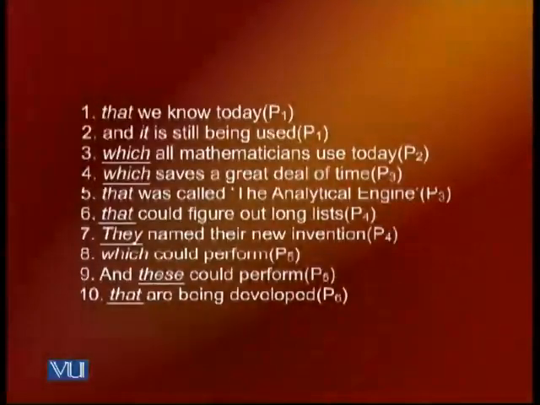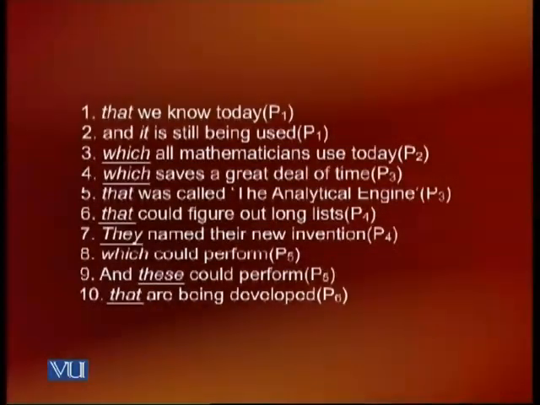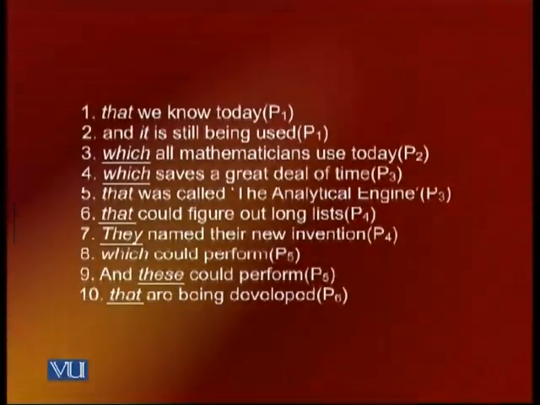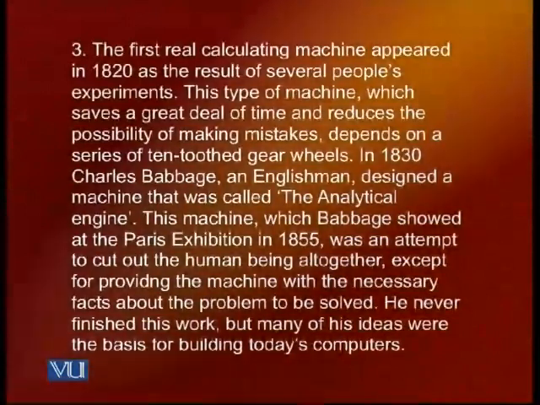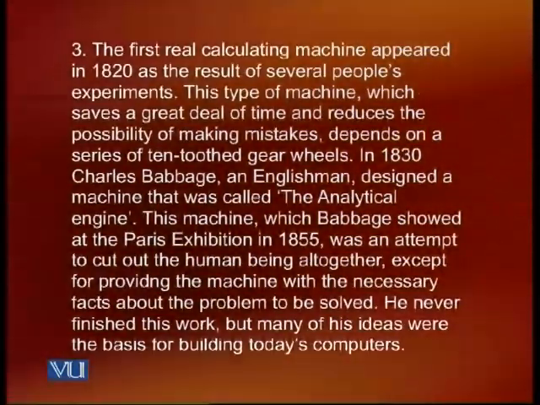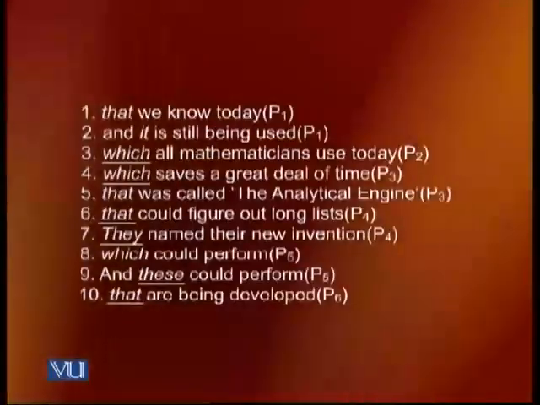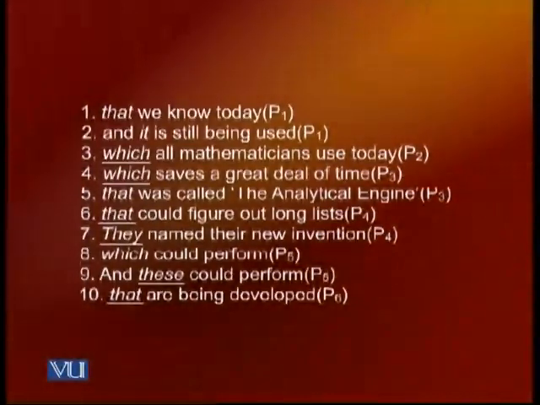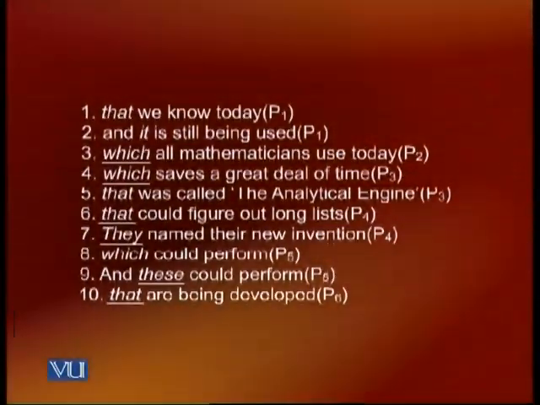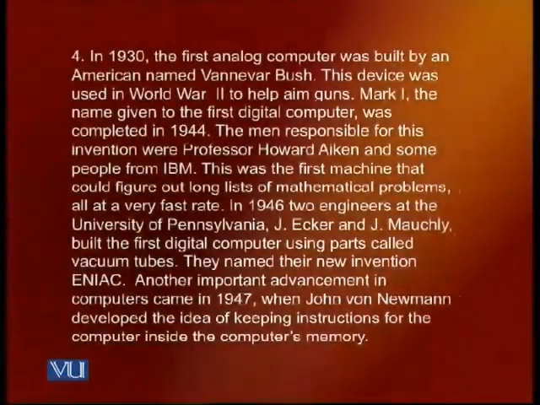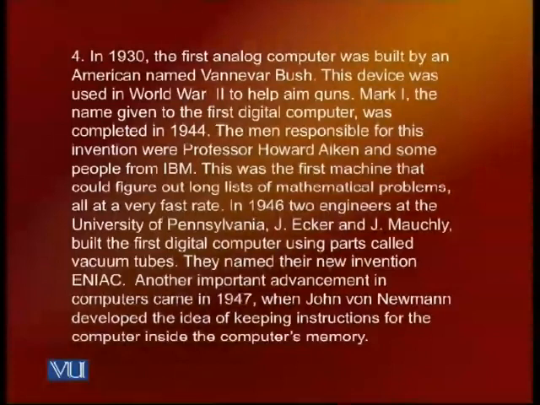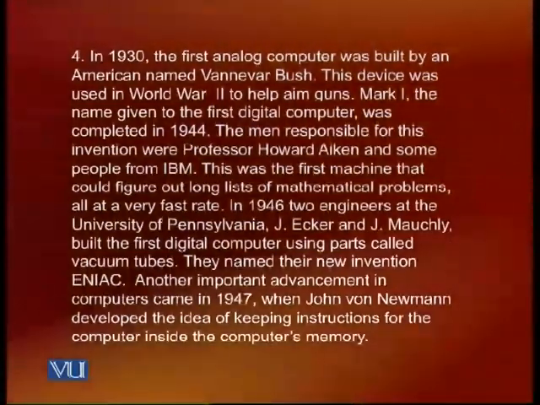Number five, that was called the analytical engine. What does the word that refer to? It refers to the word machine. Number six, that could figure out long lists. What does that in that phrase refer to? That refers to the word machine.